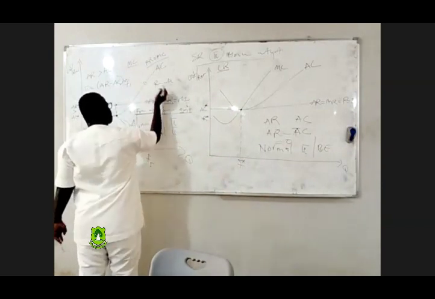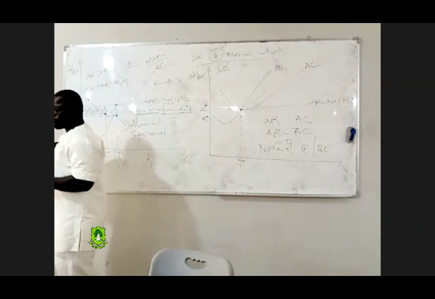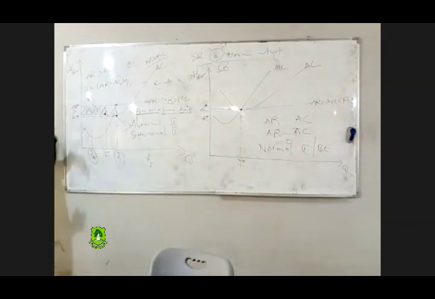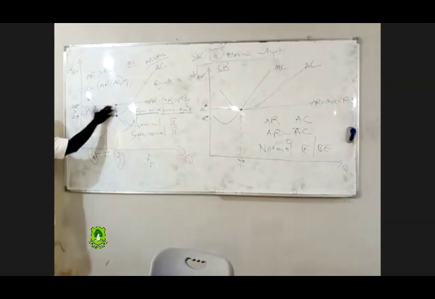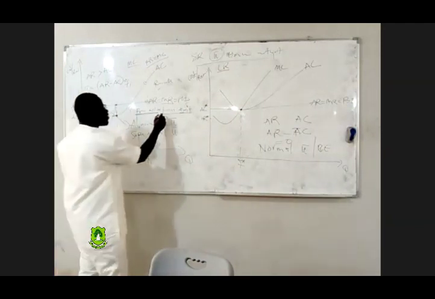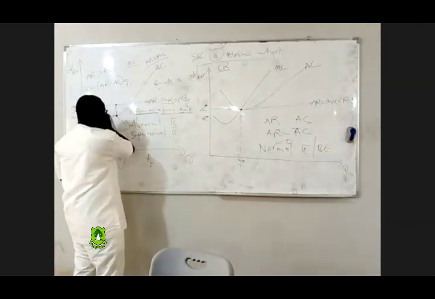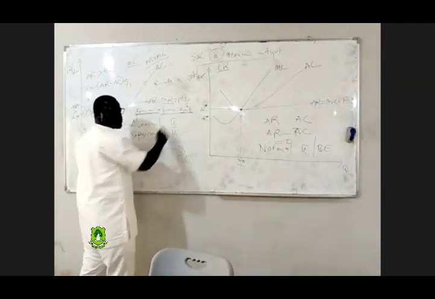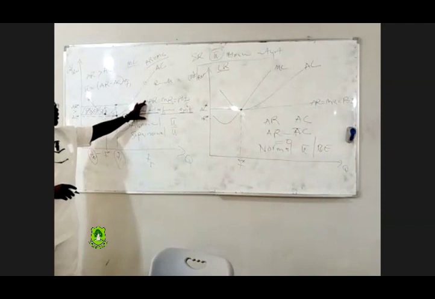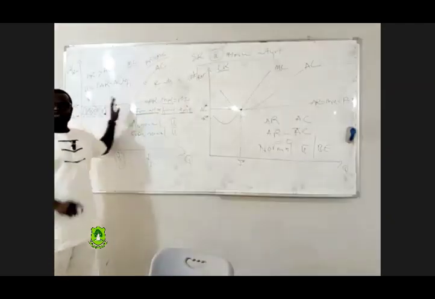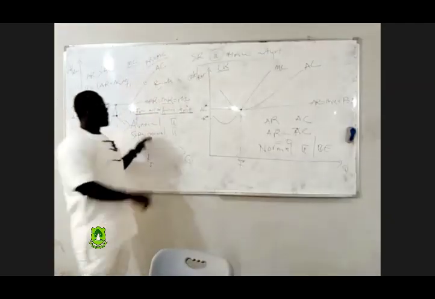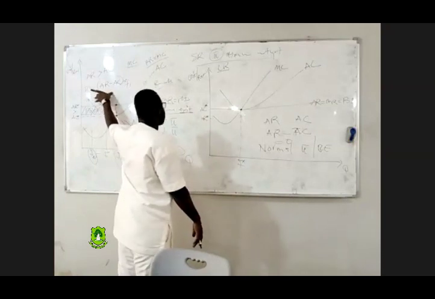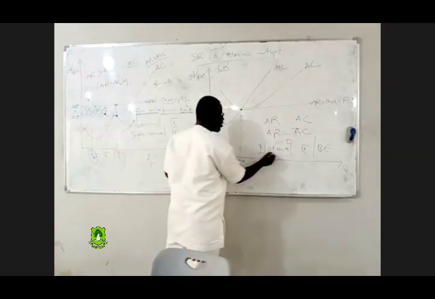And as people come on board, entering to also sell that same product, they compete away your profits. If some people are also making losses in the short run, they will exit, because there is free entry and free exit.